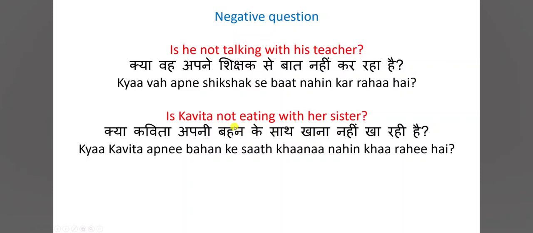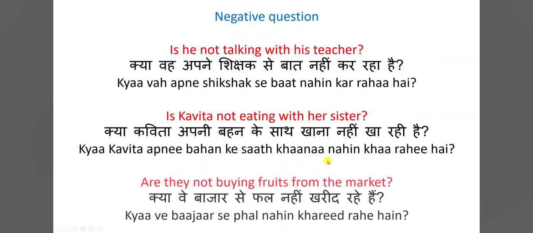Now this would translate to, is Kavita not eating food with her sister? Without khana too you can frame the question, but with khana more meaning is imparted in it. Kha is eat, a single word verb, and so nahi comes before it.